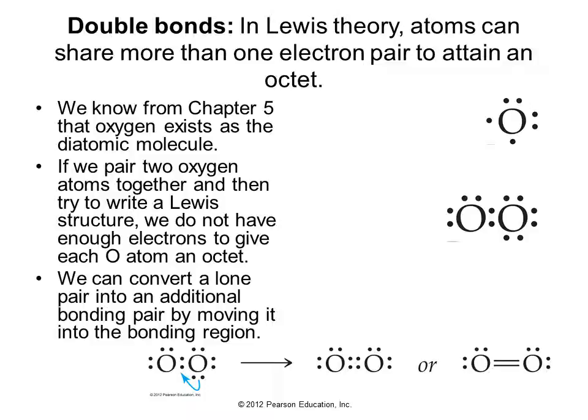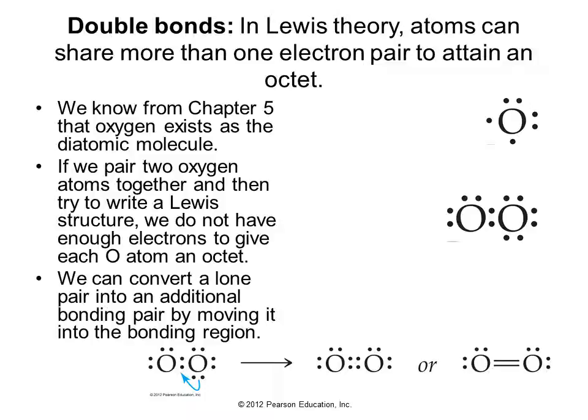Let's look at the idea of double bonds. We know that oxygen exists as a diatomic molecule. But if we take 2 oxygen atoms and pair them together and try to write the Lewis structure, we don't have enough electrons to give each oxygen an octet. 6 electrons and 6, so we end up with this has a complete octet, but this one does not.